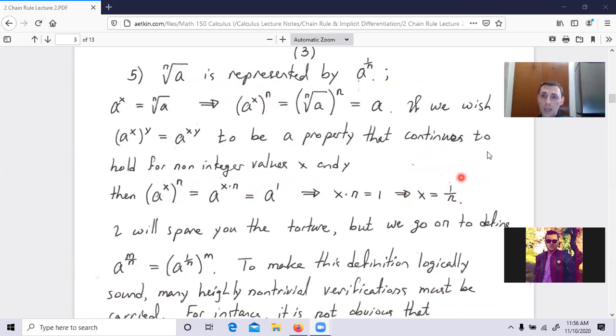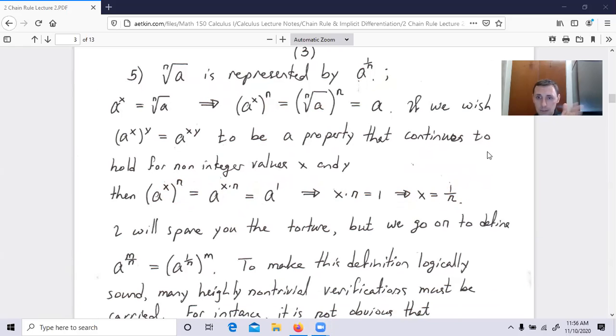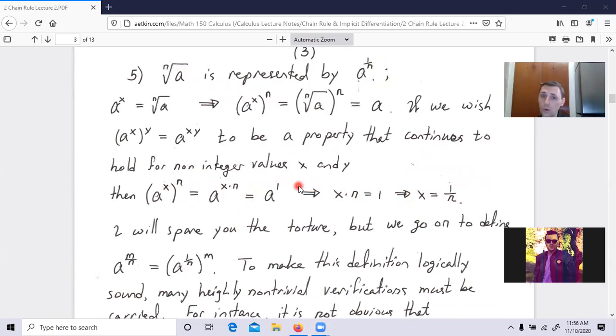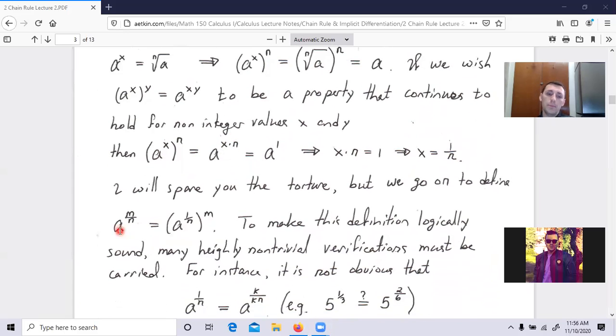Do you understand? You can continue defining the operations so that the algebra I observed with integers continues to hold for other numbers. And I will not bother you with that, I'll spare you the torture right now.